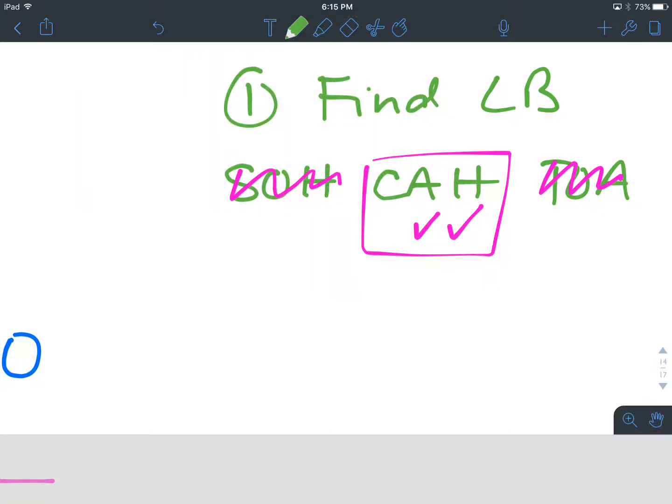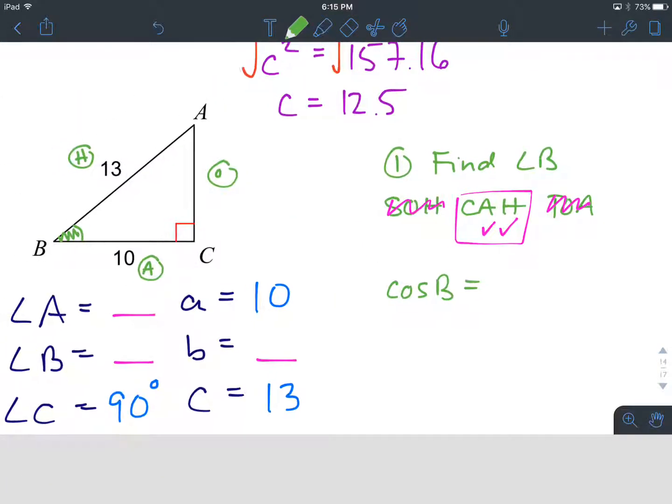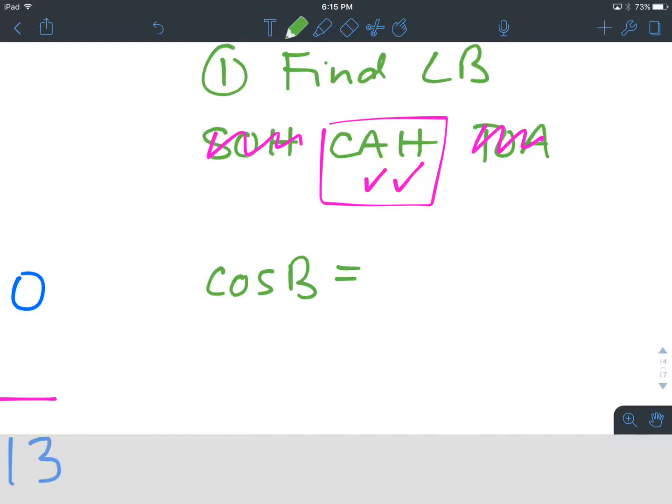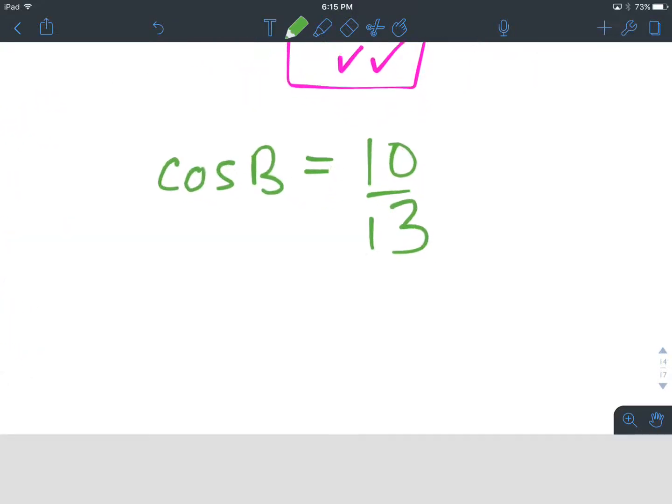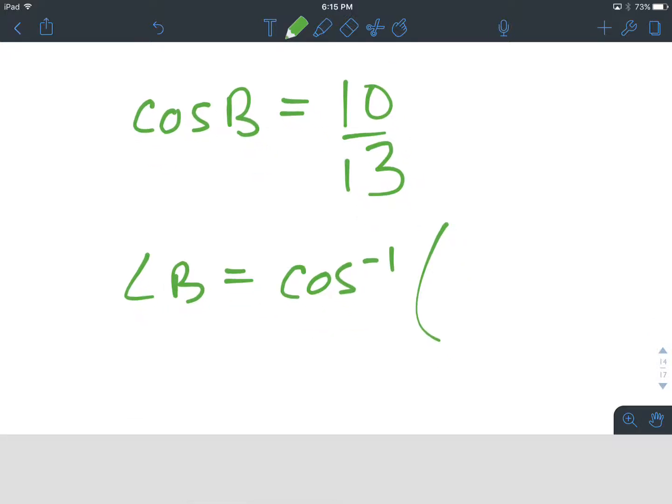So let's write out the cosine of angle B is equal to the adjacent side, which is 10, over the hypotenuse, which is 13. And now we are going to find angle B by taking the inverse cosine, or the cos negative 1, of 10 over 13.